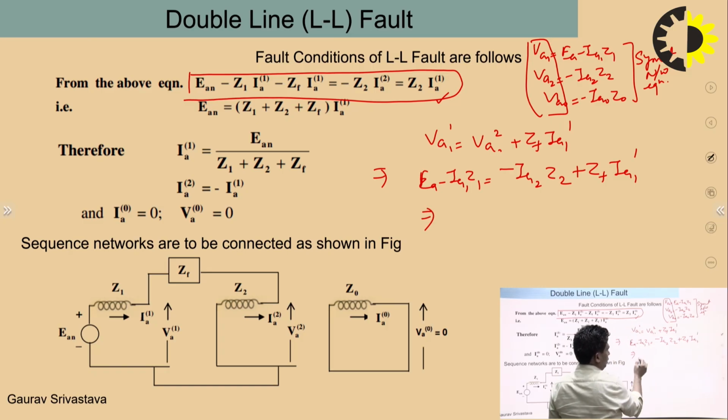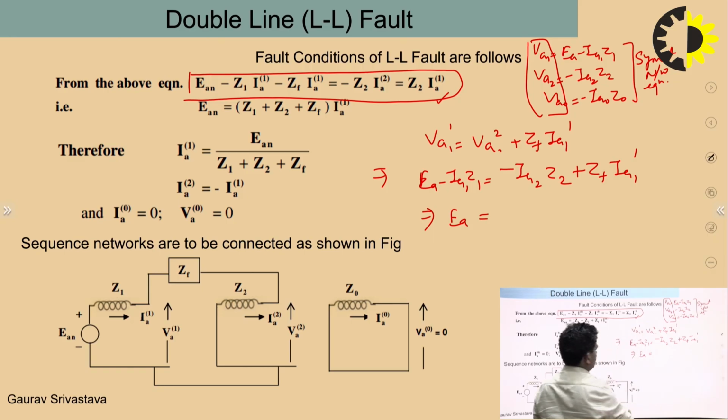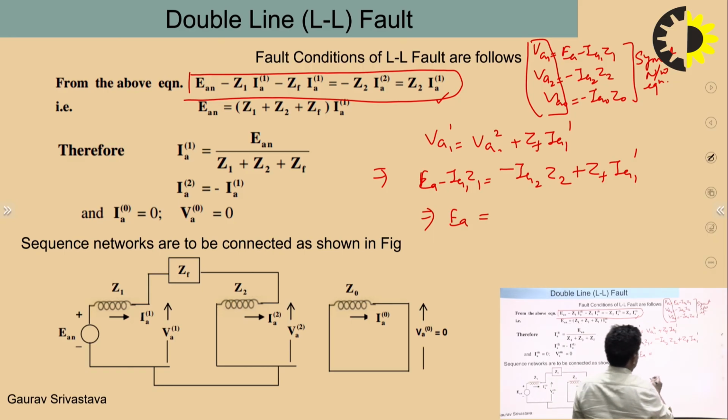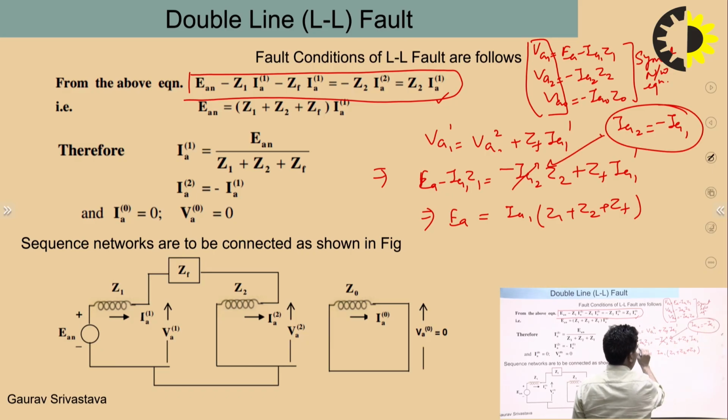That means the equation becomes Ea is equal to Ia1 (Z1 plus Z2 plus ZF), because Ia2 is equal to minus Ia1. So this value becomes positive, and this sign becomes positive.